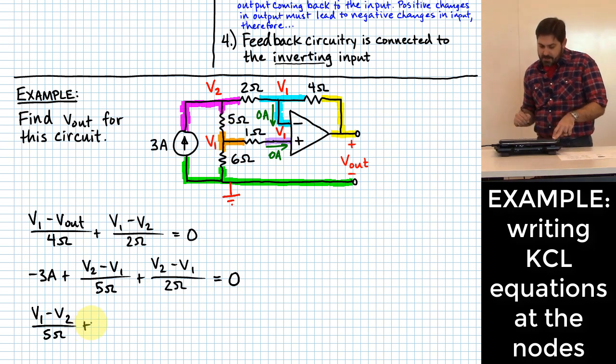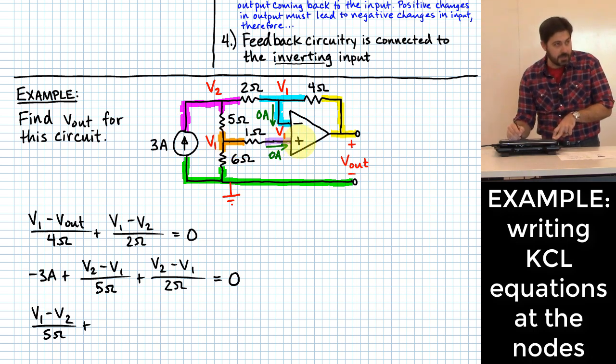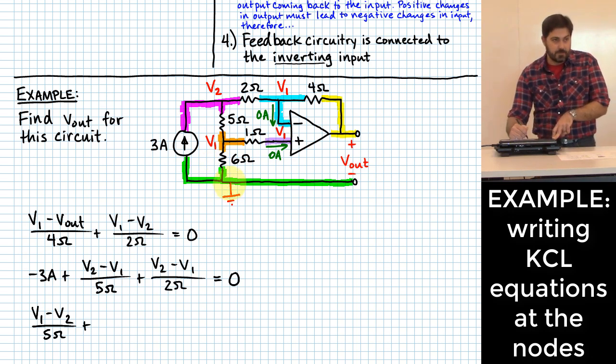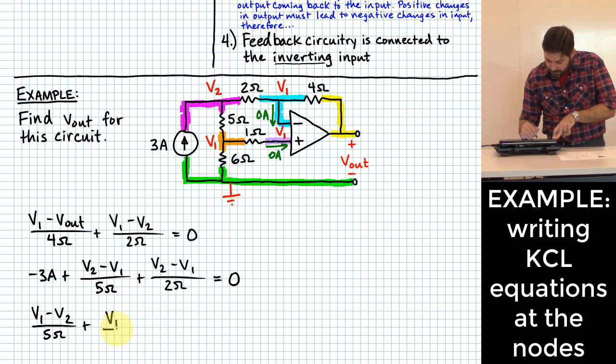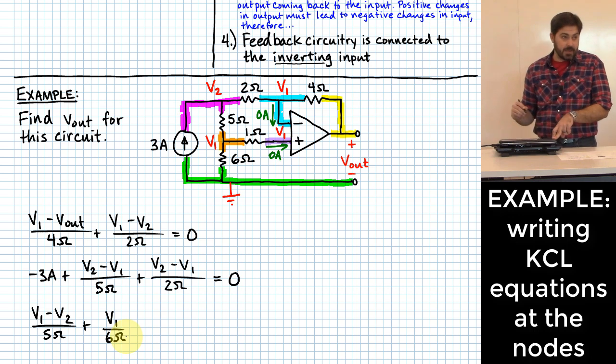How much exits going from the orange over toward the light purple over here? Okay, again, 0, because it's not allowed to go into that input, so we don't count anything there. Then we have V1 going down to the ground node, right? So that's going to be V1 over 6 ohms. And I think that's it for that node.